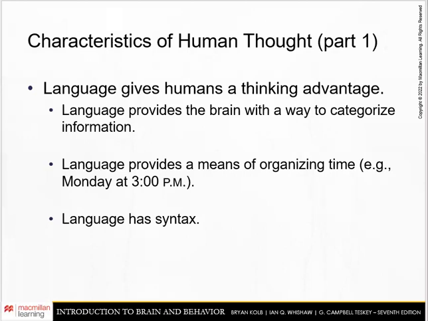And the benefit, and sometimes detriment, for humans is the fact that we have a language. Language gives humans the ability to think in this advantageous way where it provides the brain with a way to categorize information.